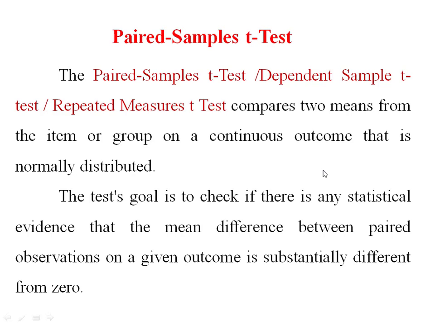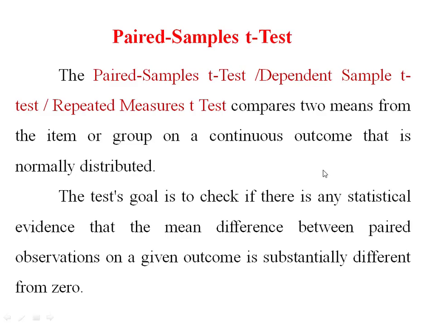So here we have two sets of data: one is the before-training observation and the other is the after-training observation. With this, we want to find out if there is any difference between the before-training output and the after-training output. This test will help us find out if there is any difference between before-training performance and after-training performance.